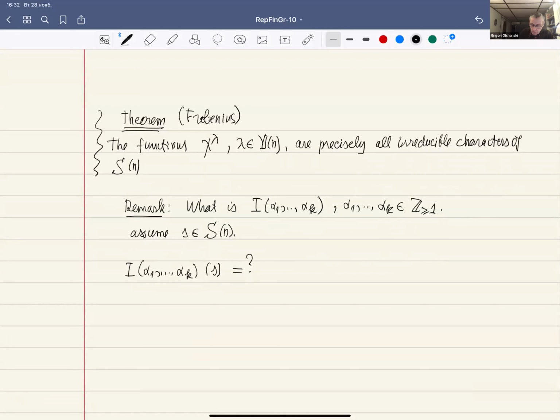We consider all set partitions of the following form. We take the set of n natural numbers and represent it as a disjoint union of blocks of subsets.